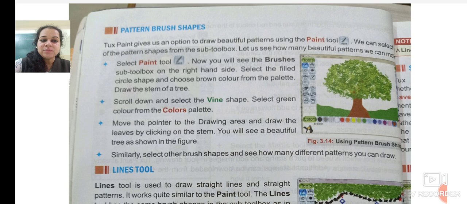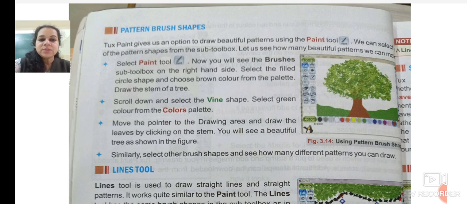Similarly, select other brush shapes and see how many different patterns you can draw. You can draw many other shapes and patterns by clicking on the other brushes also. But first we will see how we draw the diagram of a tree. Students, I would like to show you a video.